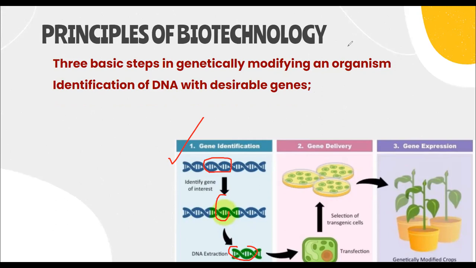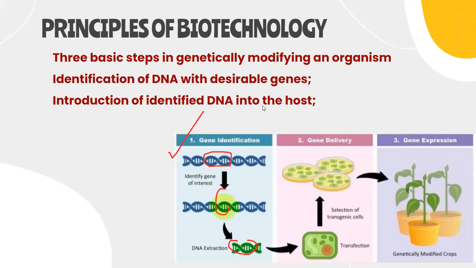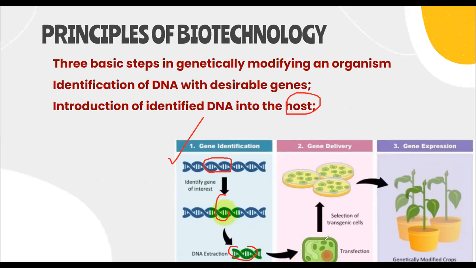Now you will require a host organism, a living organism in which you will insert this desired gene. This host can be a eukaryotic cell or a prokaryotic cell, like any bacteria. This desired gene, you will have to fix it somewhere, so that when the living organism is multiplying, it will make copies of this gene also, and this gene will produce some product, some outcome, so that also gets multiplied.